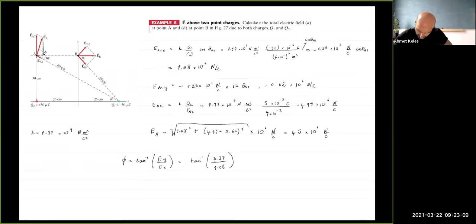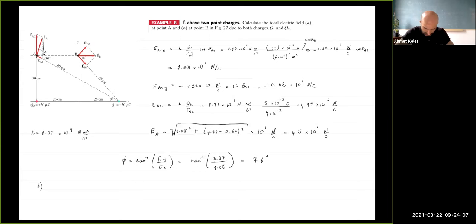So divide this by 1.08, something like that. And inverse tangent is 76 degrees. Anybody else? Yeah, good, 76.1. Good job. Thank you.